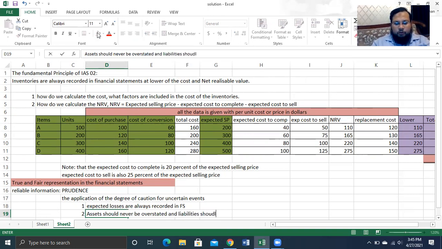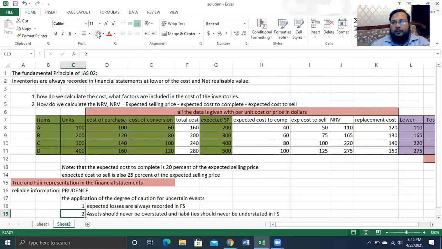Liabilities should never be understated in financial statements. So we have followed the prudence concept. We report at the lower value because we are not going to overstate our assets. And we also record the expected loss, because when we record the lower value, then we also report the expected loss. So this is a very important concept.